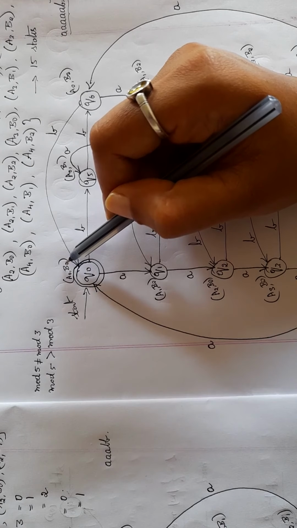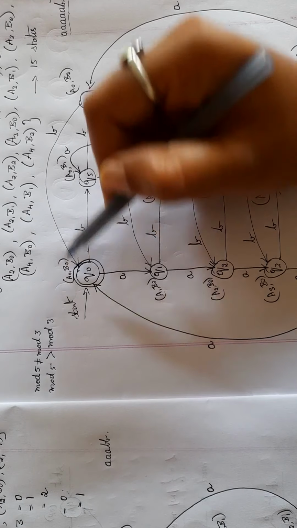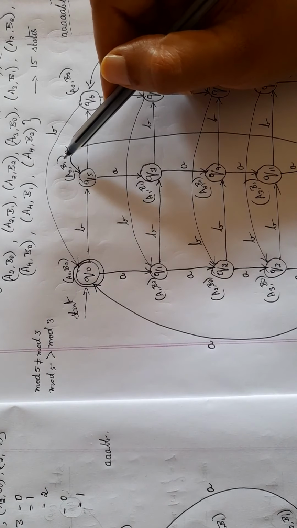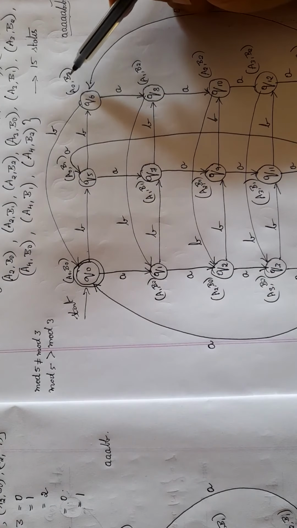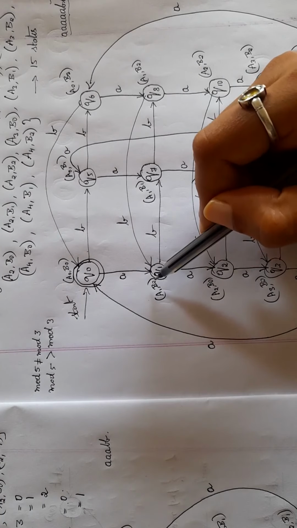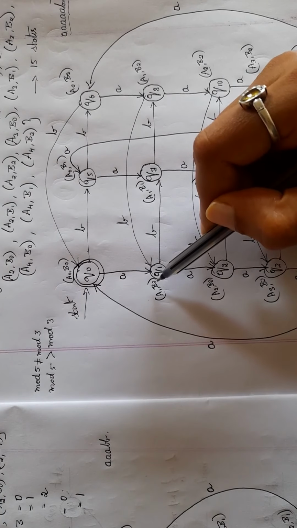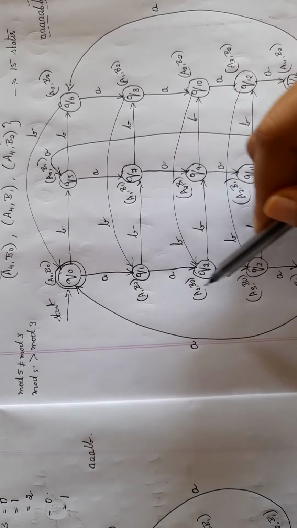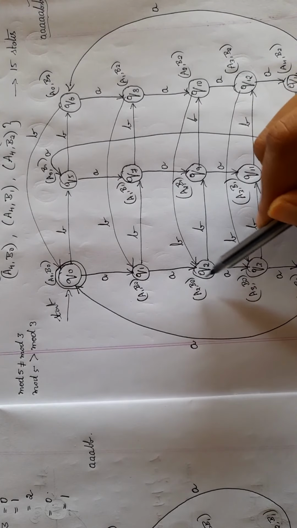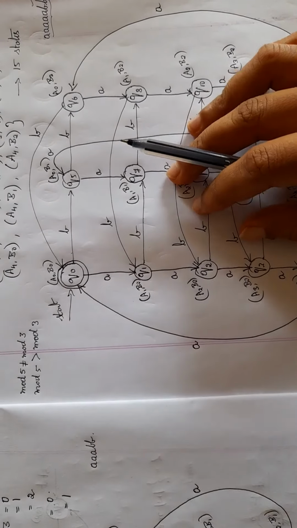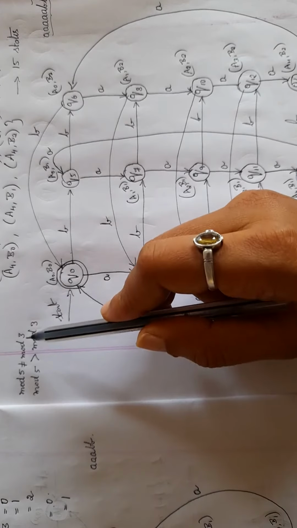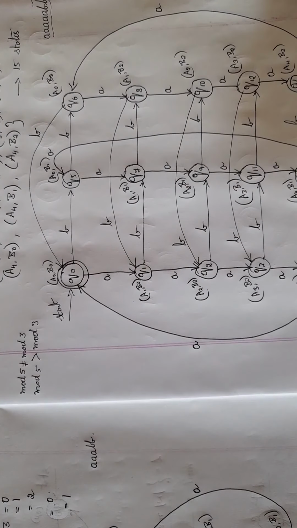So 0 is not greater than 0, so this is not a final state. 0 is not greater than 1, so this is not a final state. 0 is not greater than 2, so this is not a final state. 1 is greater than 0, so this becomes the final state. 2 is greater than 0, so this becomes the final state. So likewise, for the same question, based on the condition, only the final states will change.